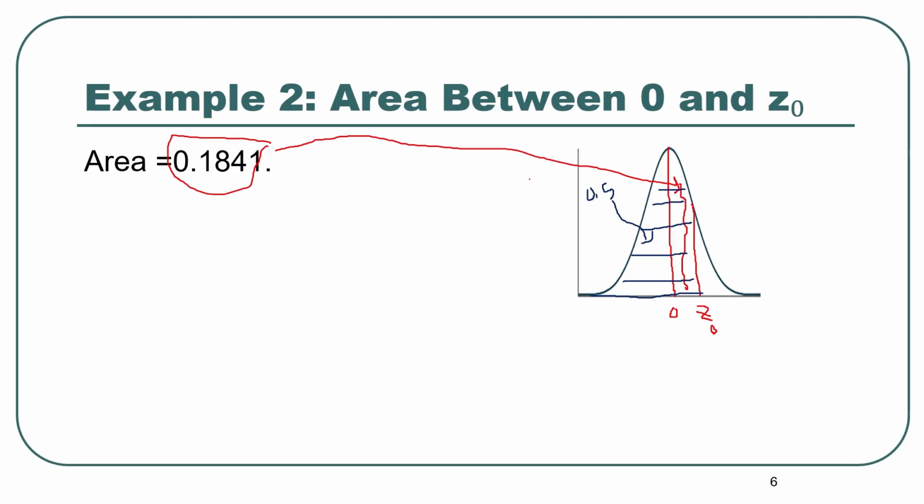Now my area is equal to 0.5, the part I added, plus the 0.1841, which gives me 0.6841. Now I can take this area and look for it in my table.